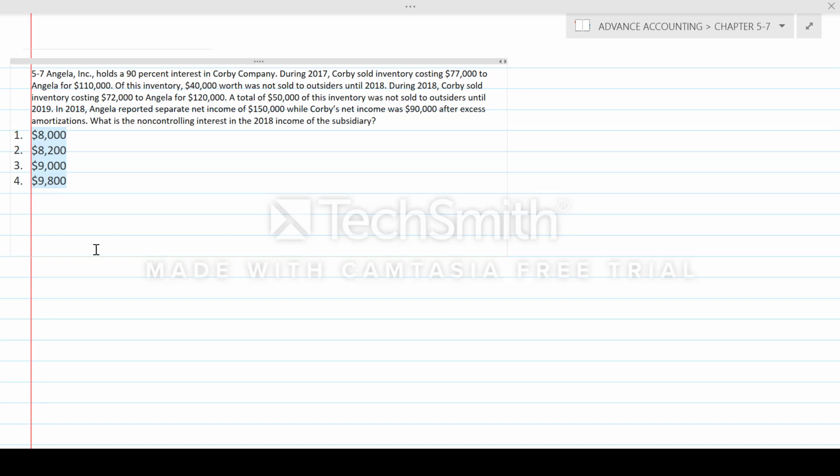During 2018, Corby sold inventory costing $72,000 to Angela for $120,000. A total of $50,000 of this inventory was not sold to outsiders until 2019. So in 2018, Angela reported separate net income of $150,000, while Corby's net income was $90,000 after excess amortizations. What is the non-controlling interest in the 2018 income of the subsidiary?